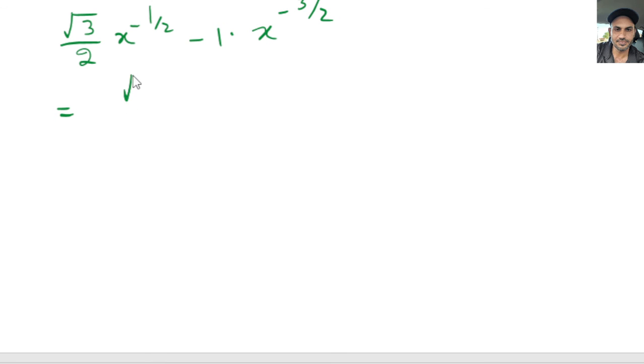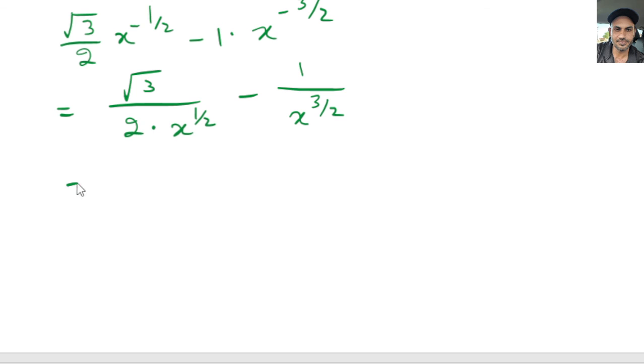So we have square root of 3 over 2 times this, I'm going to bring it into the denominator, so it becomes x to the 1/2. When you change from numerator to denominator, we change the sign of the exponent. Minus, we have just 1, and then this goes to the denominator, x to the 3/2. Okay, so this would be your final answer.